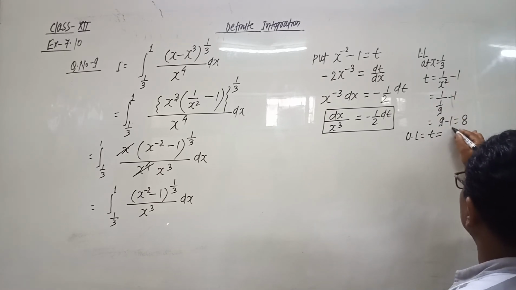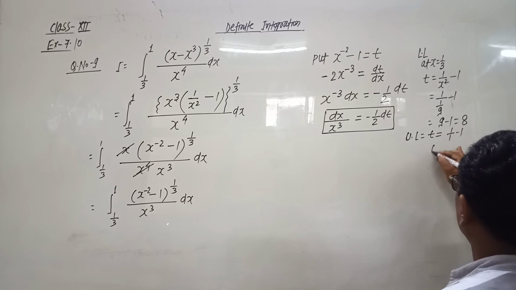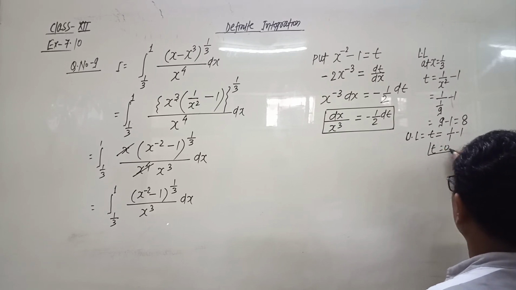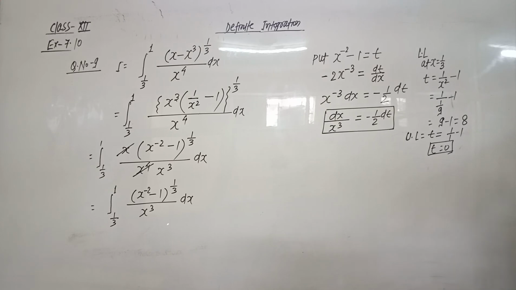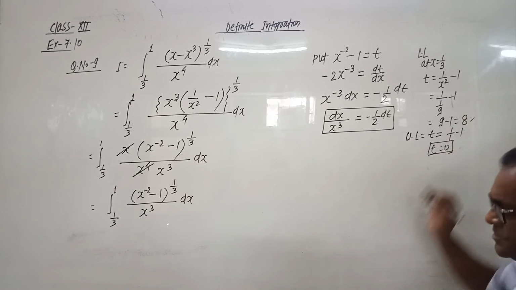So t equals to 1 by 1 minus 1, means t equals to 0. So the upper limit we get 0 and the lower limit we get 8.